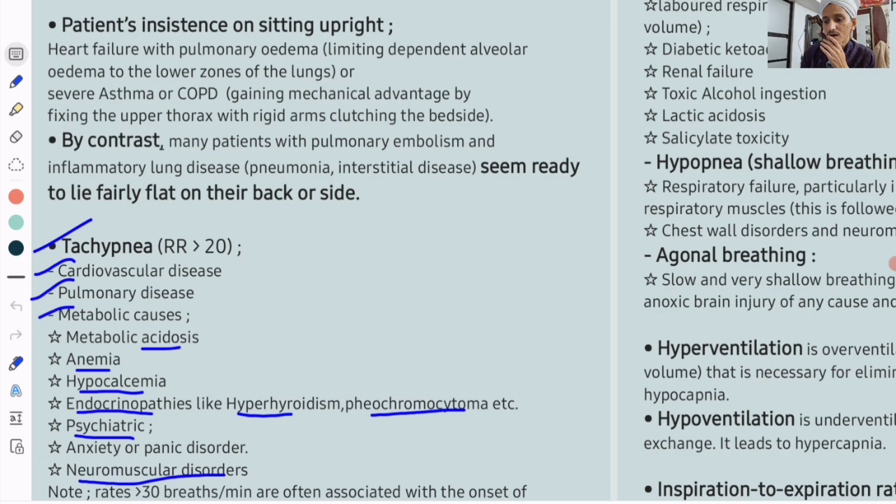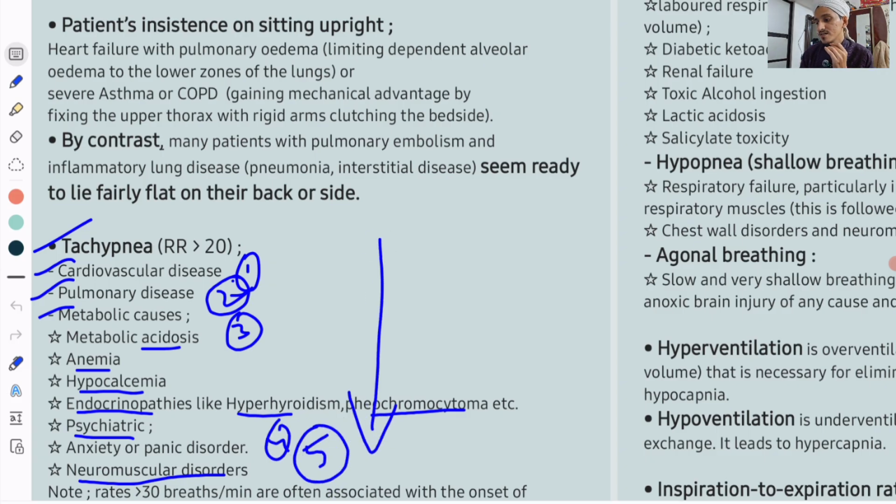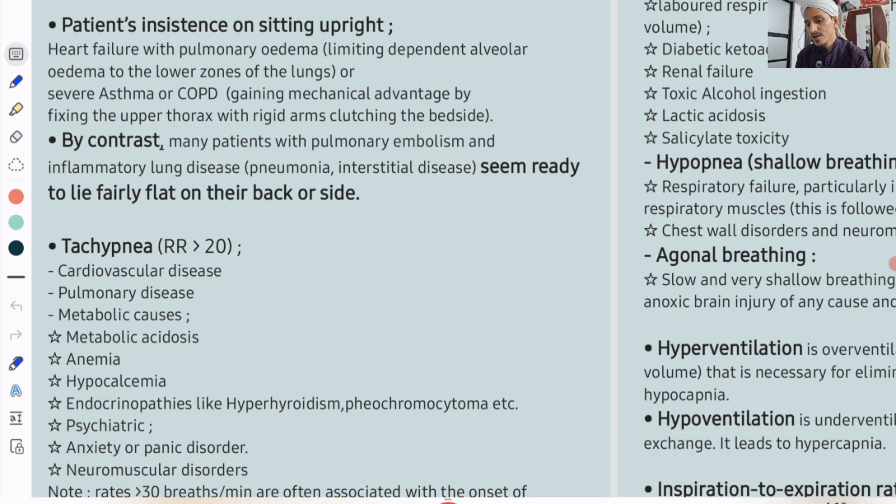So these are all causes: one is cardiac, second is pulmonary, third is metabolic, fourth is psychiatric, and fifth is neuromuscular. You should evaluate in this manner when there is a patient with an increased respiratory rate. In metabolic causes, remember metabolic acidosis, severe anemia, and endocrinopathies like hyperthyroidism. You should remember these things.